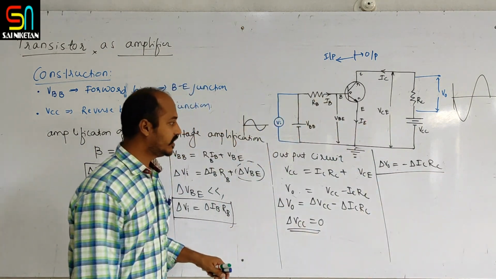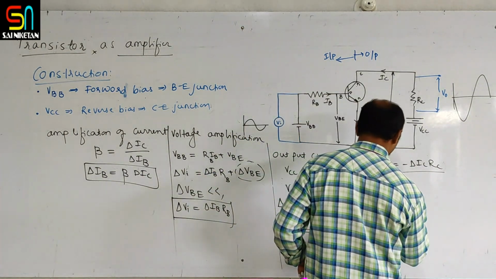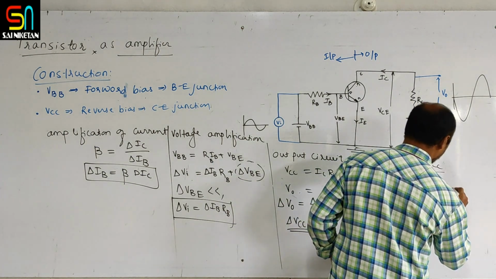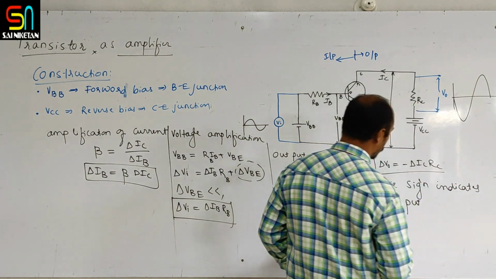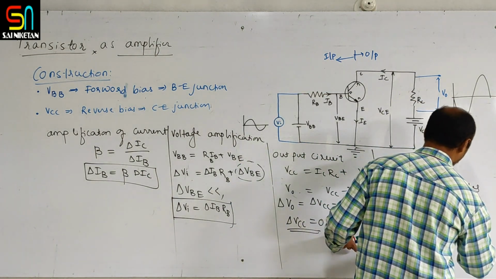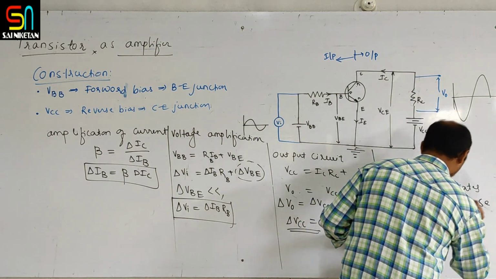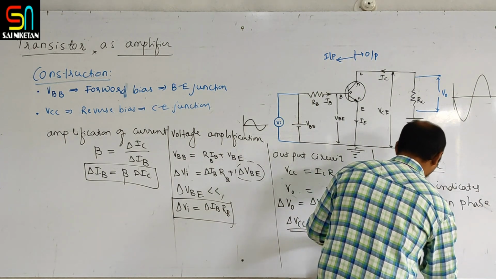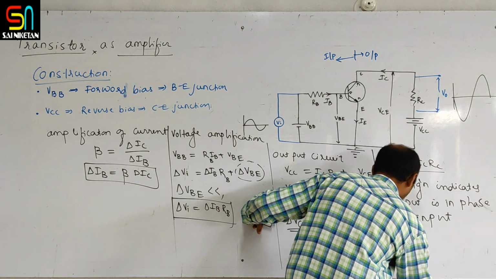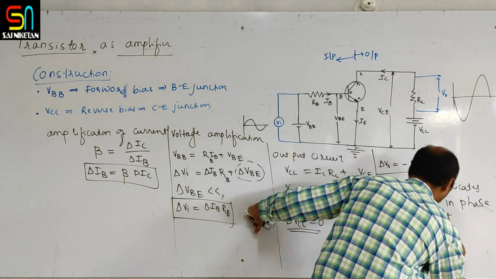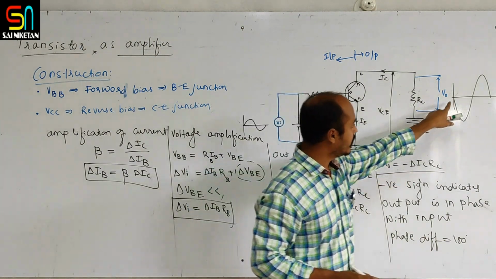So here you can see the change in output current has a minus sign. So the negative sign indicates that the phase difference between input and output is 180 degrees, because for the positive cycle of the input, we are getting a negative cycle at the output.